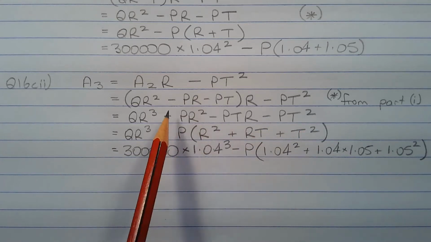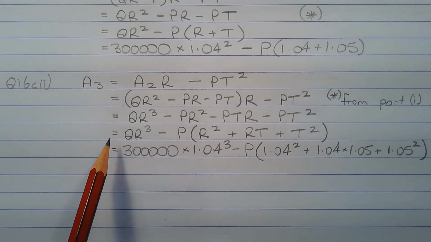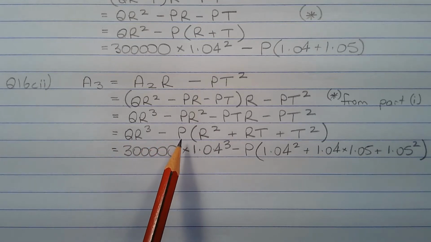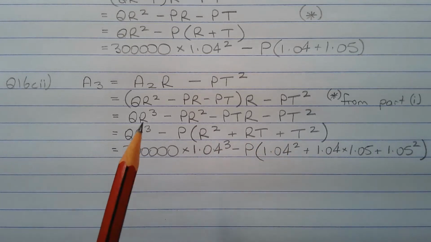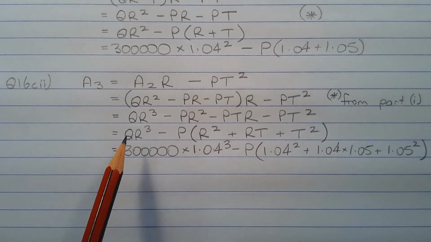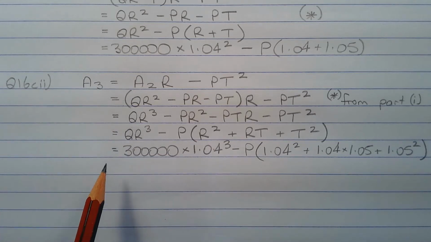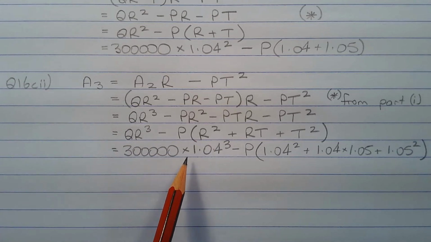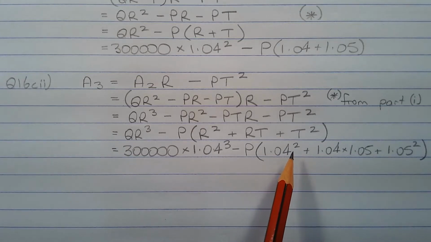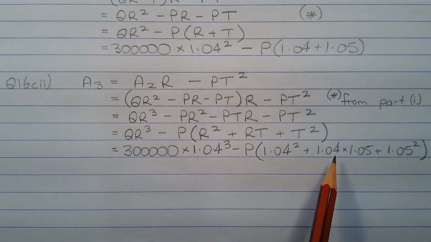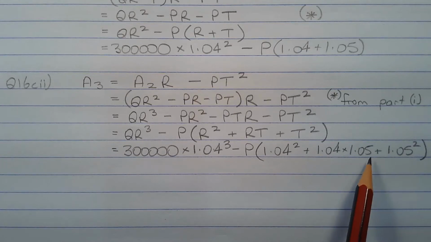Factorising out negative P, we get A3 is equal to QR cubed minus P multiplied by (R squared plus RT plus T squared). And then substituting in the values for Q, R and T, we get A3 is equal to 300,000 multiplied by 1.04 cubed minus P times (1.04 squared plus 1.04 times 1.05 plus 1.05 squared), as required.